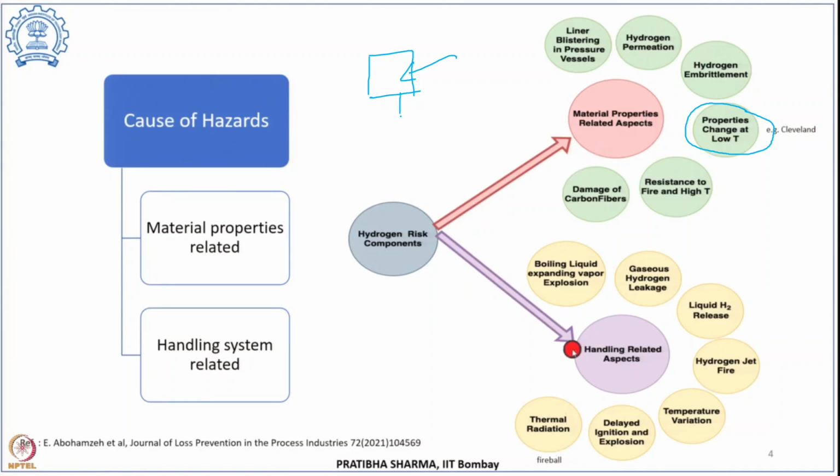Like the phase of the material will change, or in some cases phase transformations will be there. There will also be some thermal contraction of the material due to the low temperature, and due to the thermal contraction the material can fail.